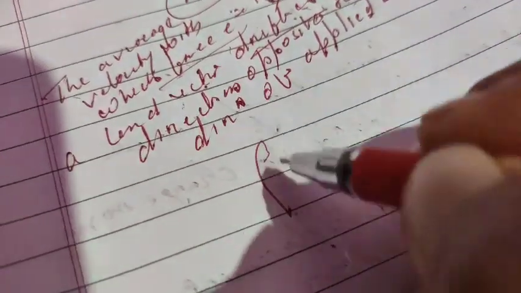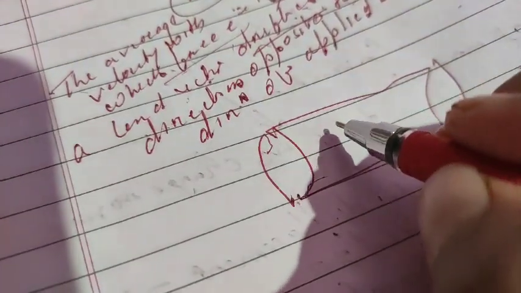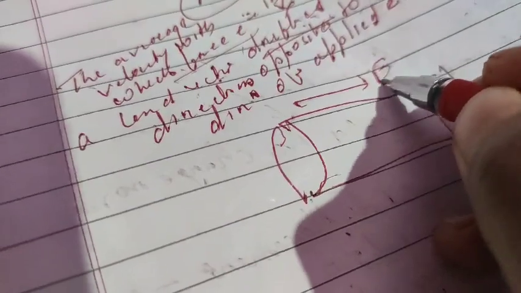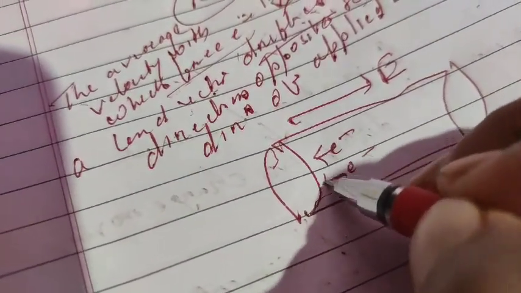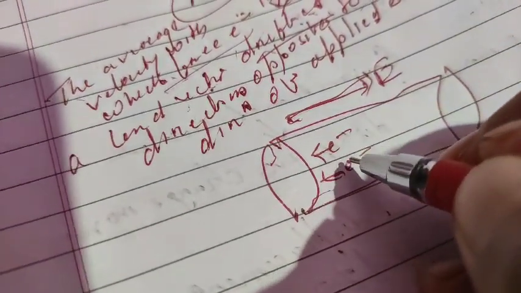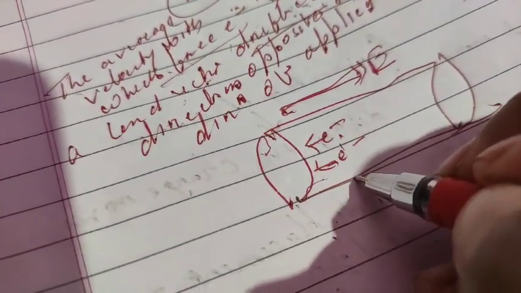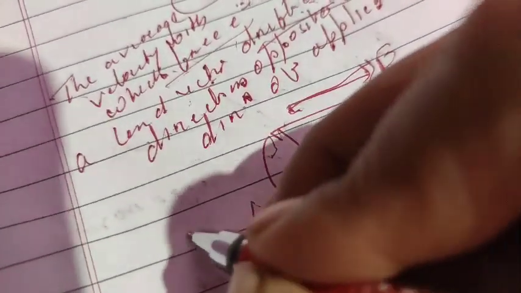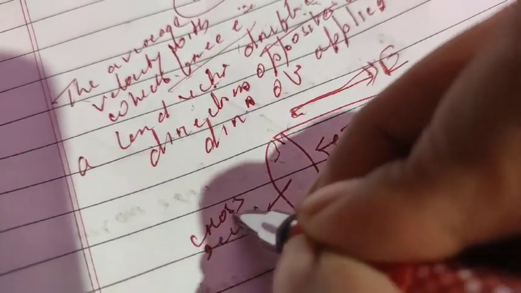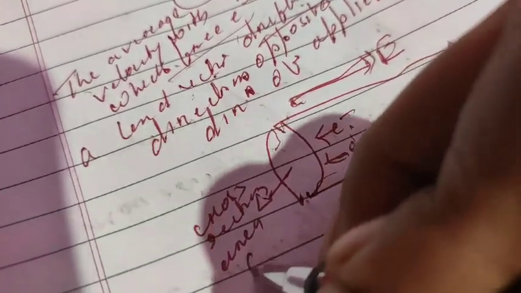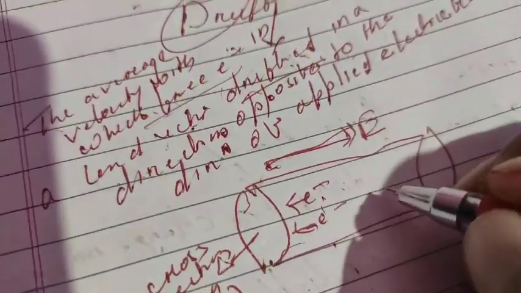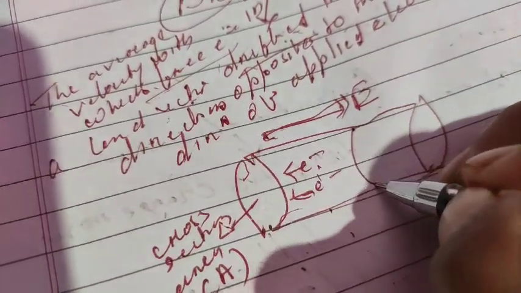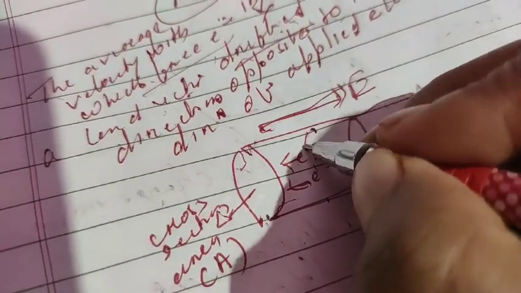Suppose this is my conductor. If my electric field is in this direction, the electron direction should be like this. Clear? If the electric field direction is like this, the electron direction is like this. This is the cross-sectional area of the conductor, which I will take as capital A. Now suppose the electron moves from this position to this position due to the electric field.